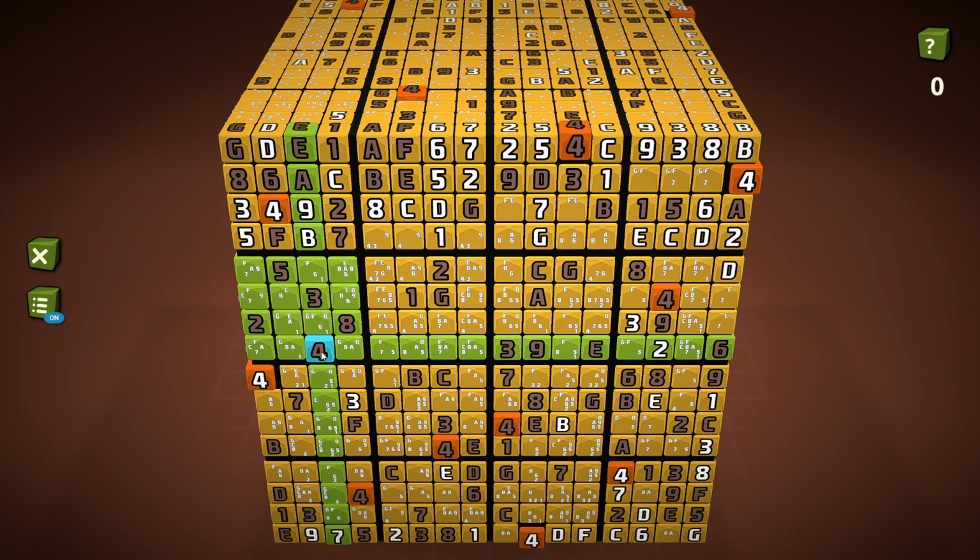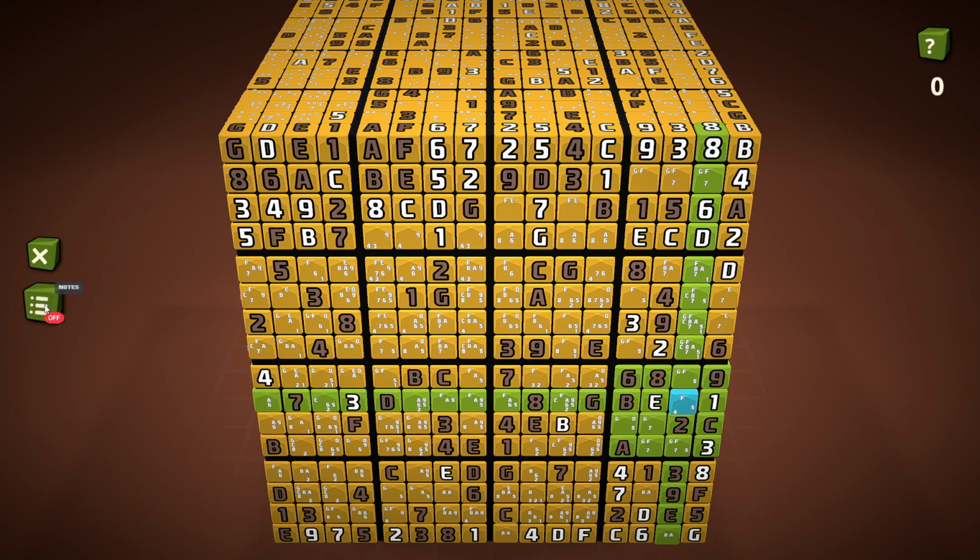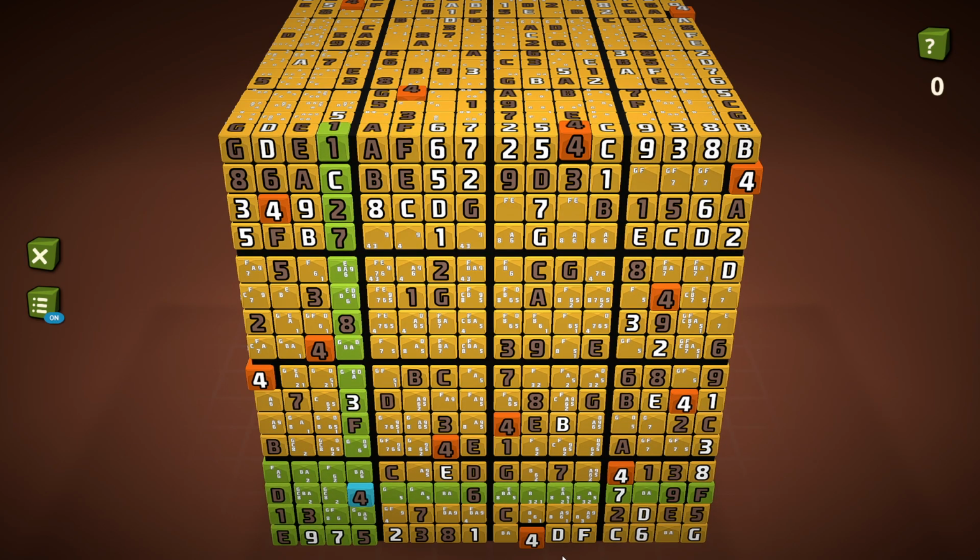There's only one space that can be a 4 in the far right column, third row. Note that. I think this is as much as we can specify.